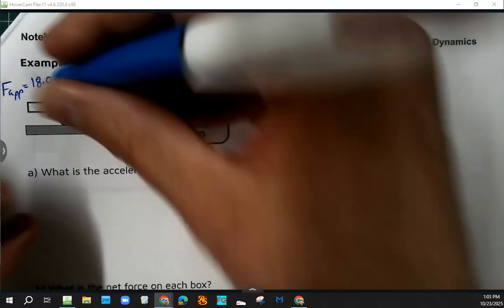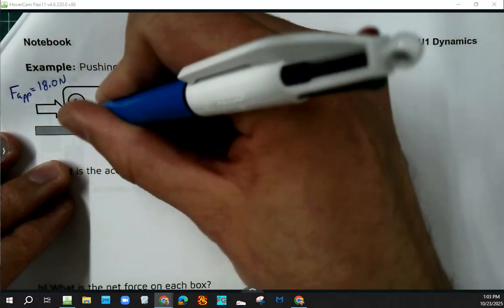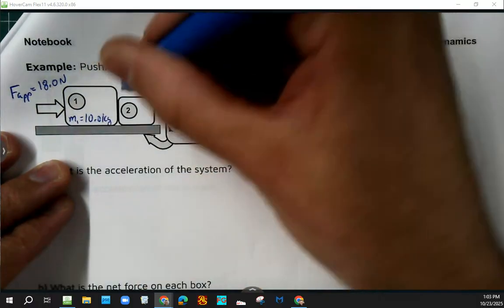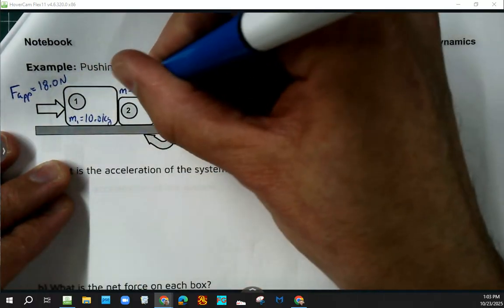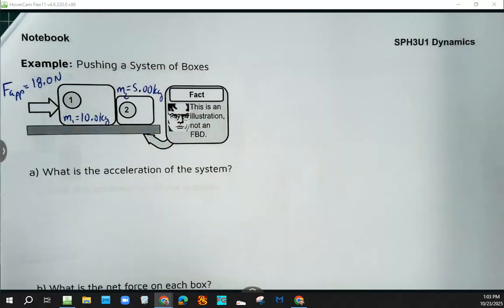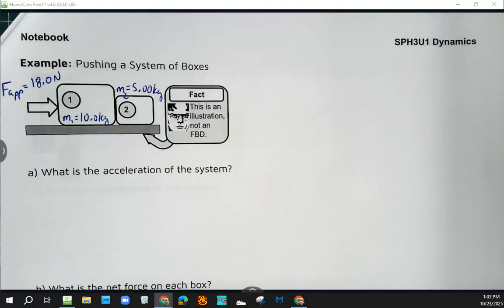Mass 1 has a mass of 10 kilograms. Mass 2 has a mass of 5 kilograms. And you notice that I'm trying to stick to 3 significant figures for all of these. I'm doing that on purpose to make things easy later, okay? So I'm being thoughtful.